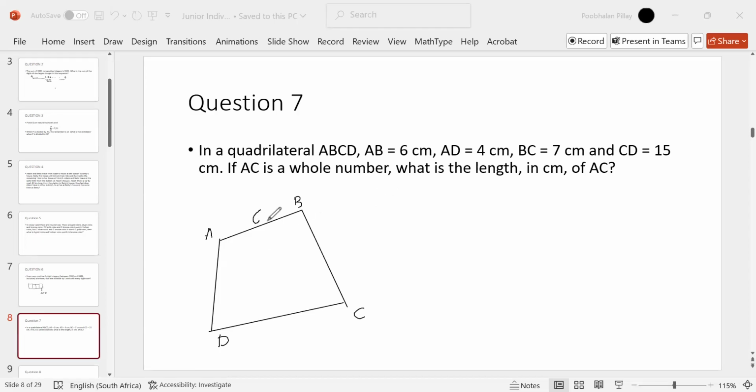AB is equal to 6. AD is equal to 4. And BC is equal to 7. And CD is equal to 15. All right. So I've named all these sides here. And they say AC is a whole number.